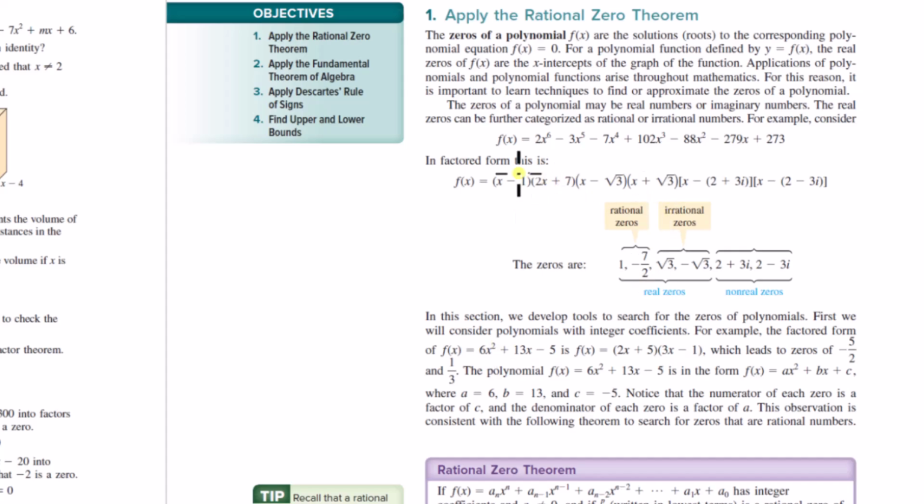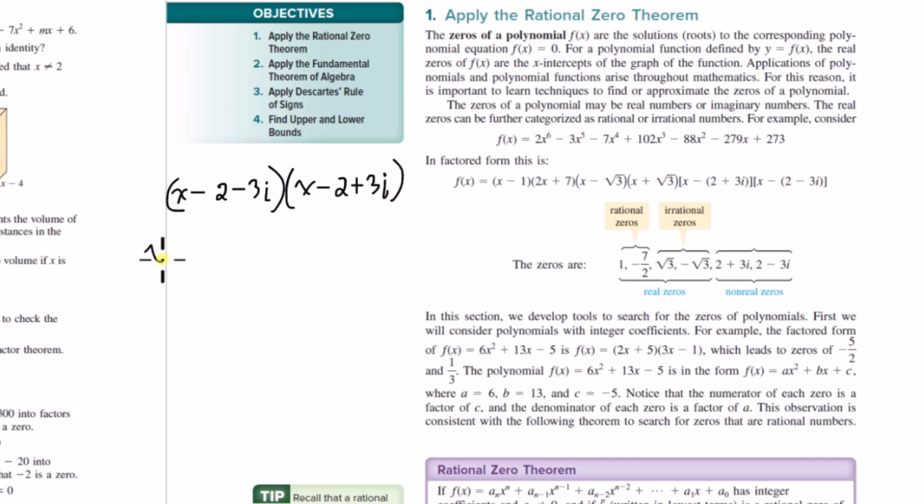To see what I mean, here these are all linear, but if we didn't allow anything non-real, then we've got x minus 2 minus 3i, and then x minus 2 plus 3i.